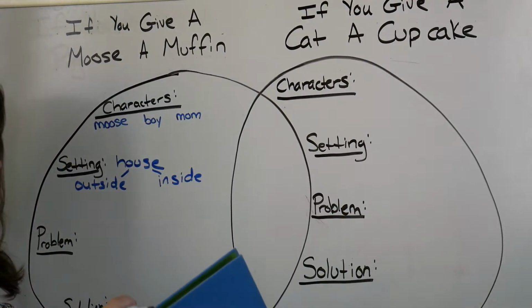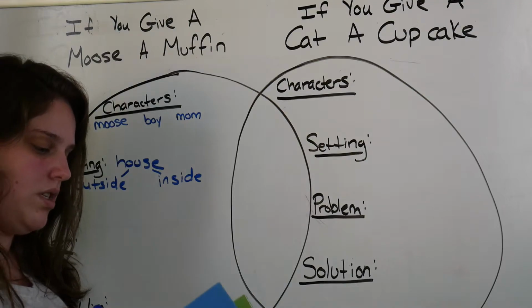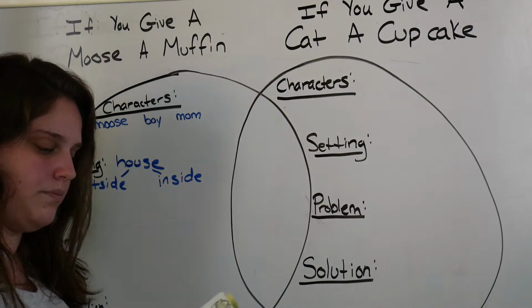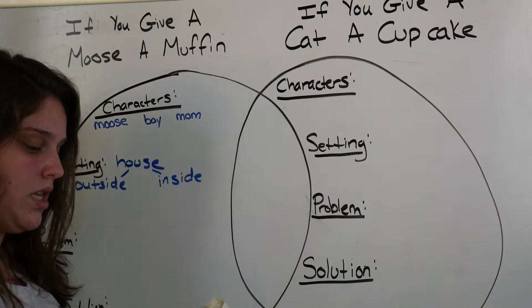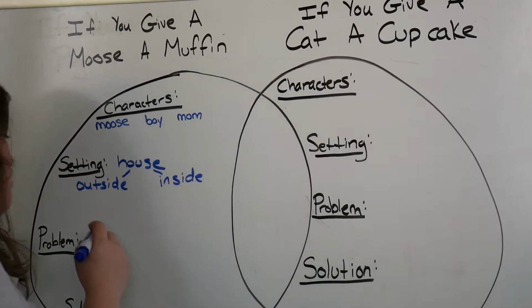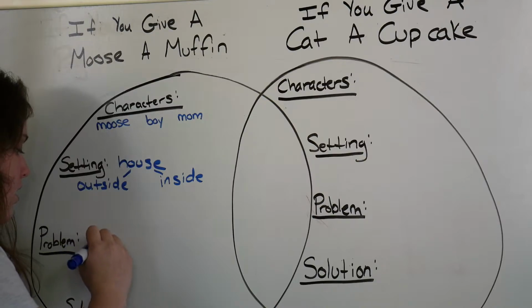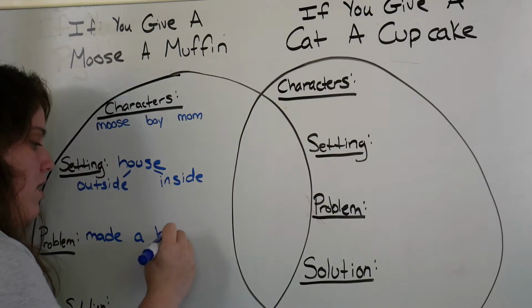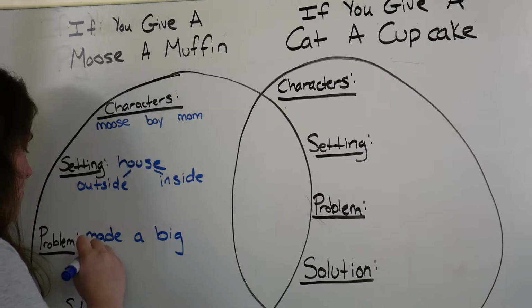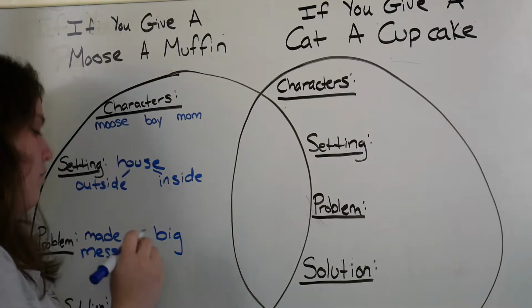Okay, the problem. What was the problem that the moose and the boy were having? Let's see. The moose made a big mess, so they made a big mess. But there was an even bigger problem.